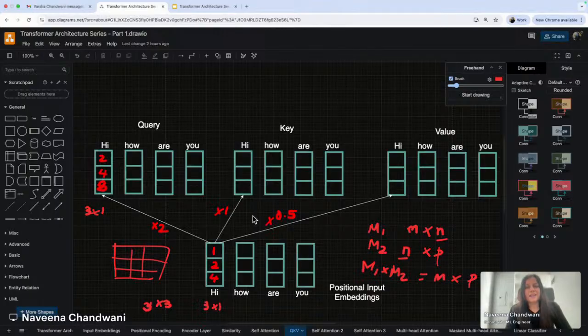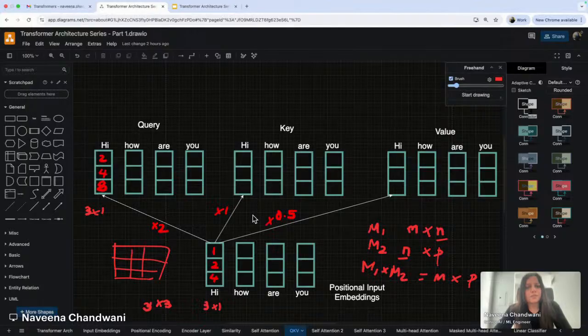And why are we doing all this, right? Let's take one more step back. Why are we doing all this? So this is actually inspired by information retrieval systems. Suppose I put in a query into Google search. My query will be converted into embeddings. And the documents are also indexed, and the embeddings are stored on the Google server.